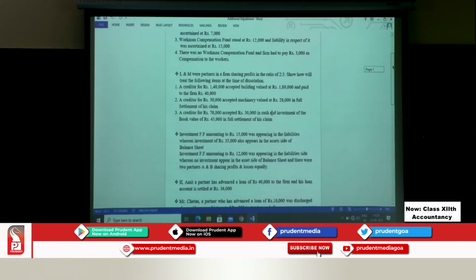That means you find investment fluctuation fund in the balance sheet on liability side for rupees 15,000, and on the asset side of the balance sheet, one of the assets is investment rupees 35,000. This type of assets are called valued assets or contra assets or linked assets.